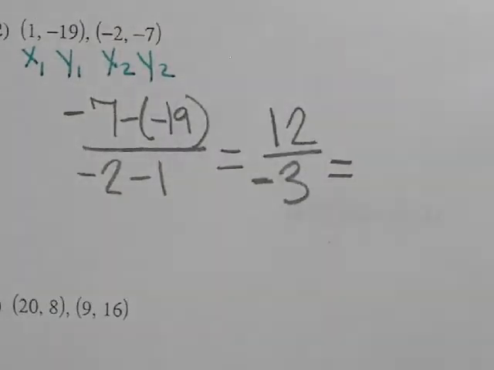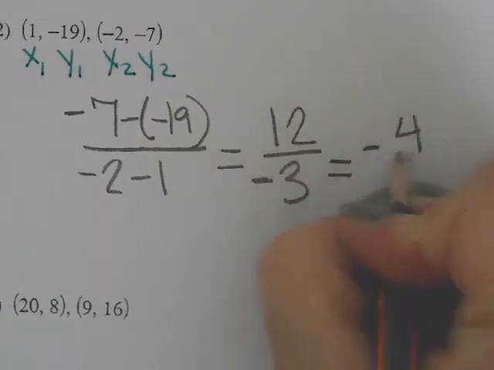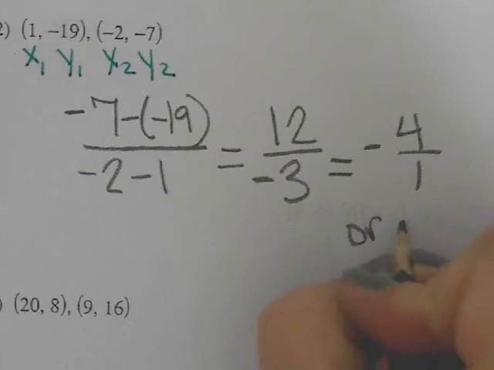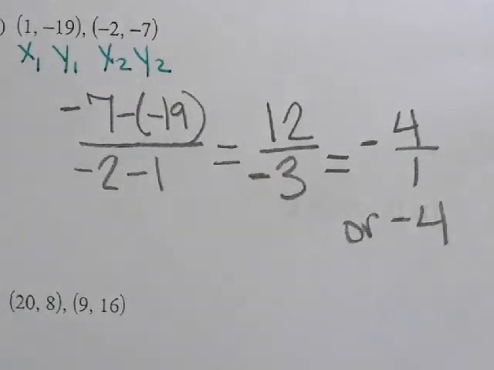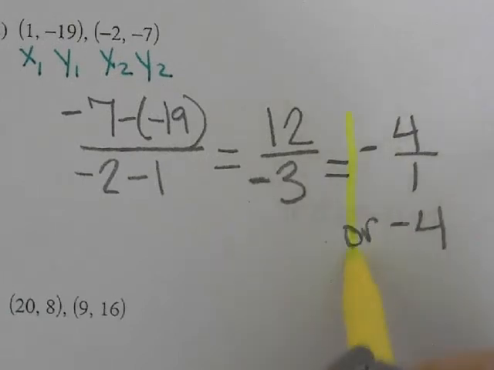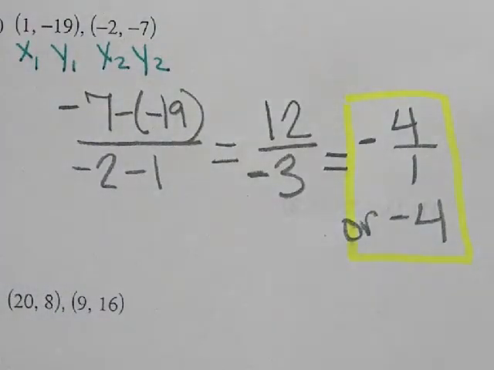So this becomes negative 4 over 1, or I can say it's negative 4 is my slope. So it doesn't matter which negative is the numerator or denominator. If it's on one of them, that means it's a negative slope.